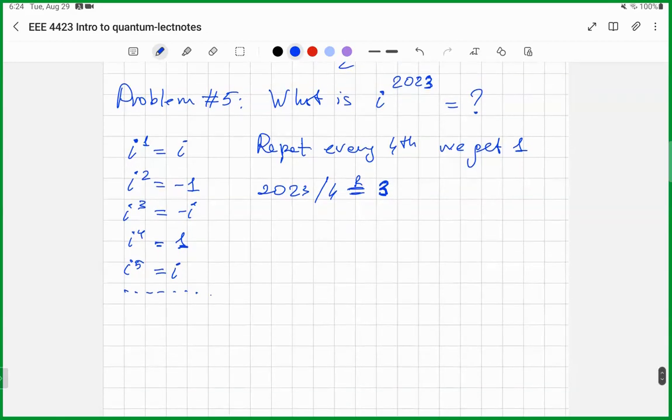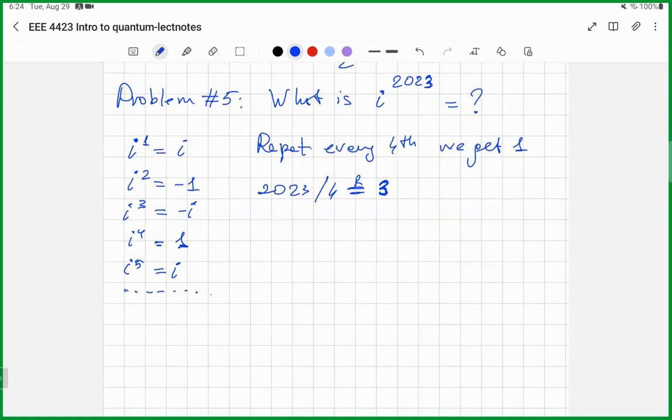That means that all these other 2020 operations I can just skip because it's a periodic operation. So I just skip the 2020 operations, and the third operation in this column is minus i.